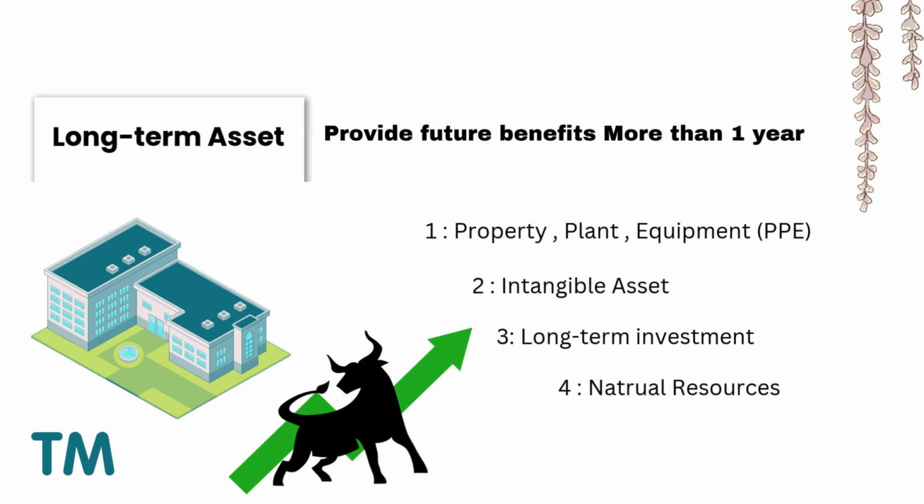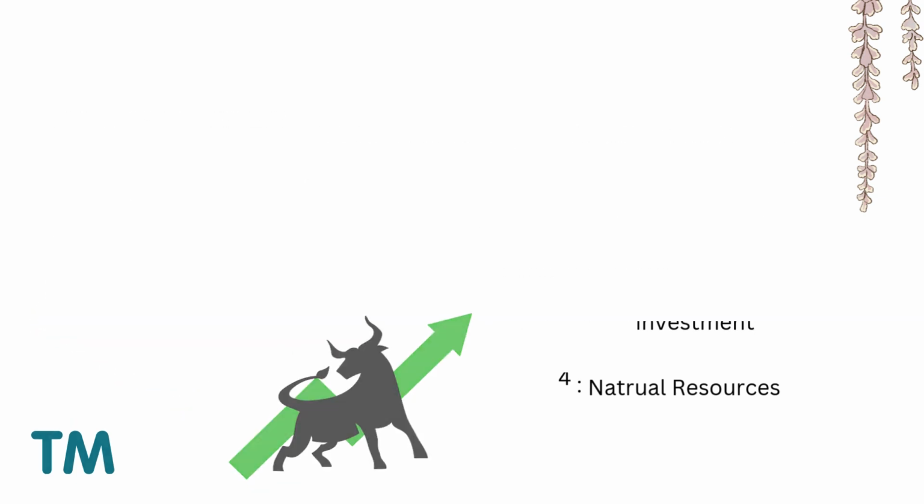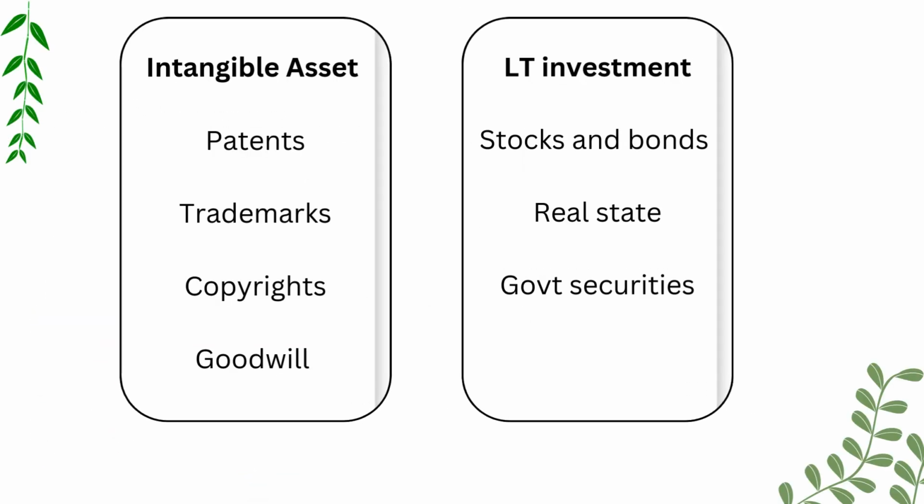Don't forget about the listing rule for all types of asset, most liquid one to least liquid one. And the last definition is about intangible assets, which are not physical assets, but they represent value like trademarks or copyrights.